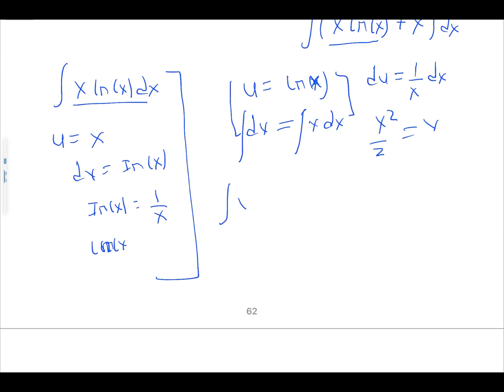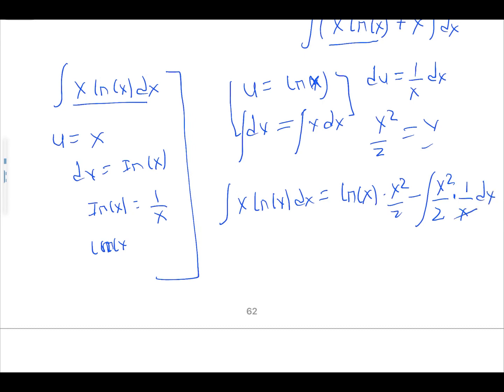Putting it into the formula, the integral of x ln x dx is equal to ln x, which is u, multiplied by the v, x squared over 2, minus the integral of x squared over 2 multiplied by 1 over x dx.